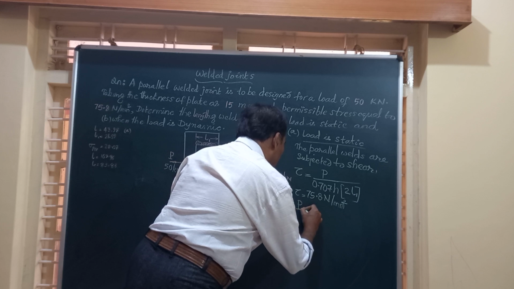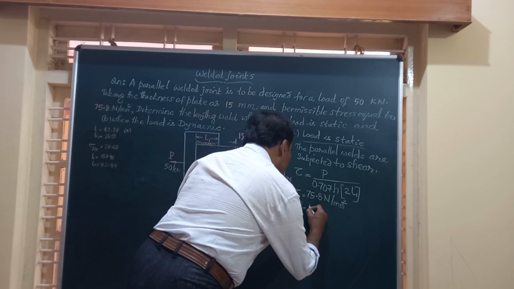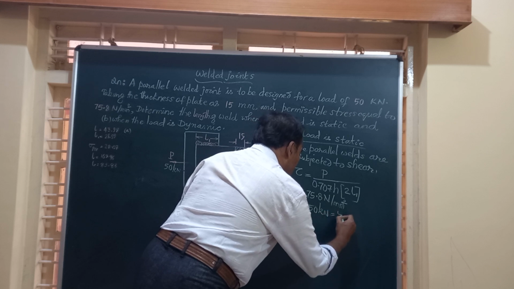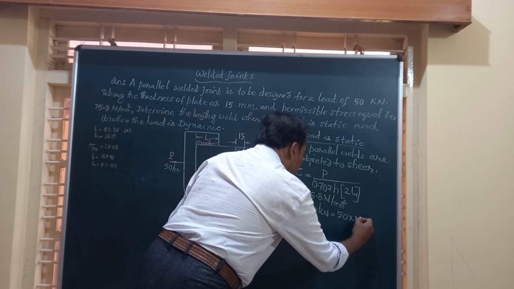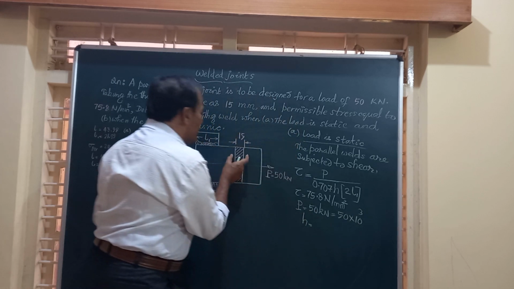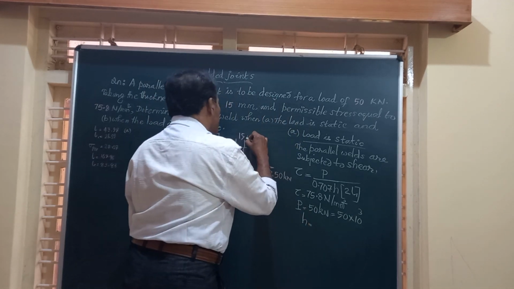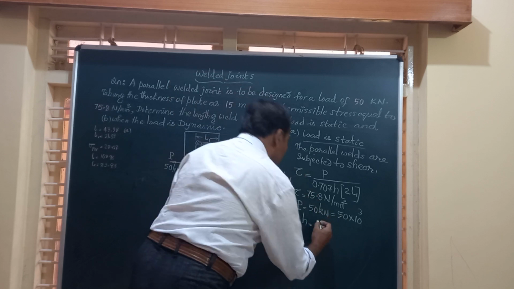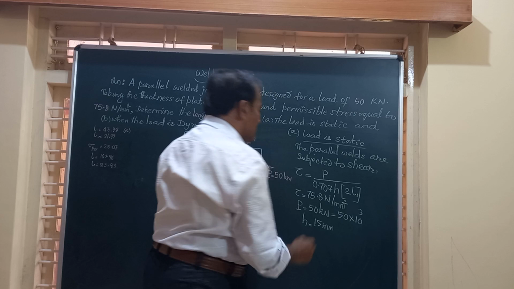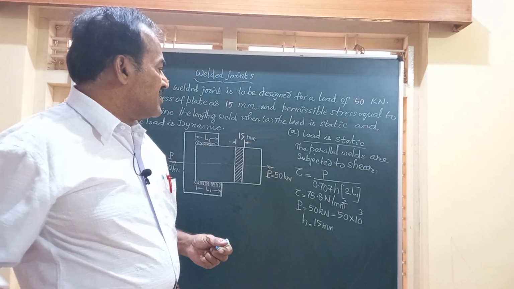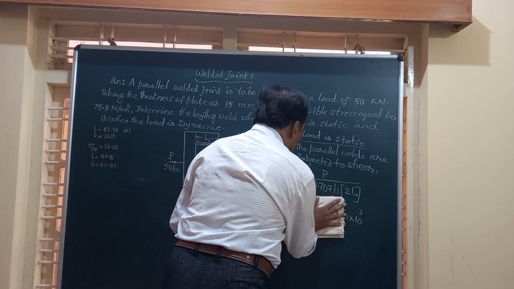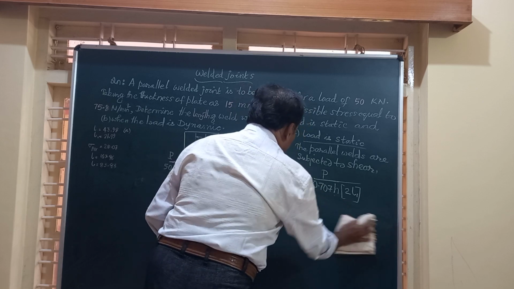And the value of P is 50 kilonewton, that is equal to 50 into 10 to the power of 3. And H is the thickness of the plate, that is given to be 15 mm. All these dimensions are in millimeter. Friends, you have to make all this substitution and get the value of L1, the length of each parallel weld.